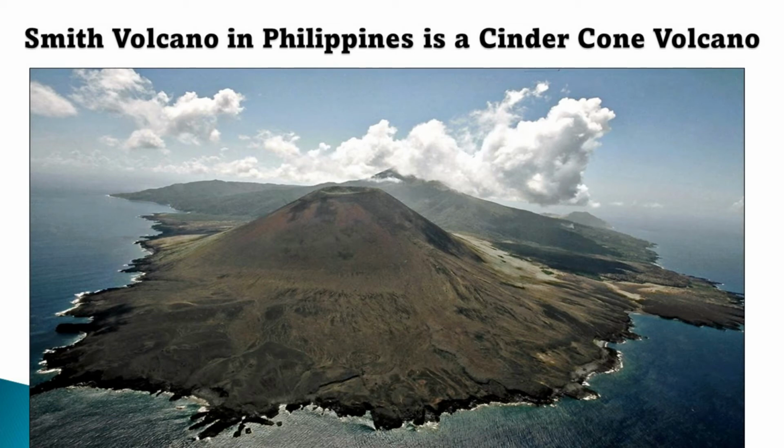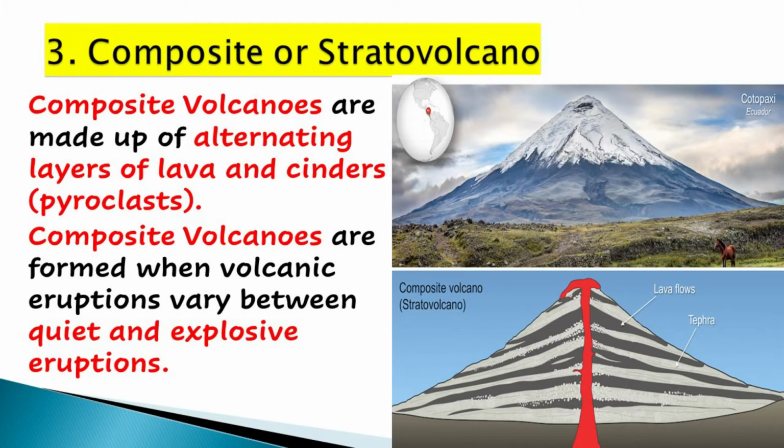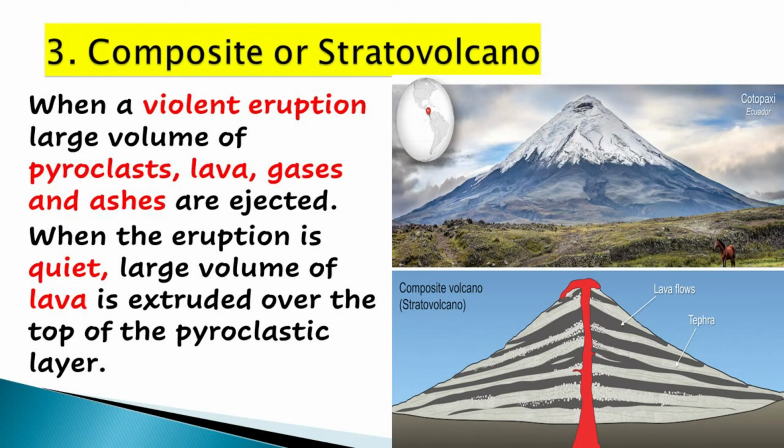cinder cone volcano. Composite or stratovolcano. Composite volcanoes are made up of alternating layers of lava and cinders or pyroclast. Composite volcanoes are formed when volcanic eruptions vary between quiet and explosive eruptions. When a violent eruption occurs, a large volume of pyroclast, lava, gases and ashes are ejected.